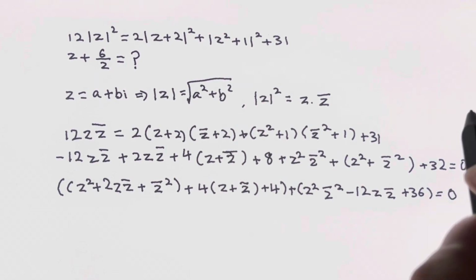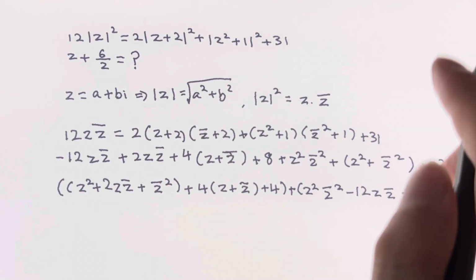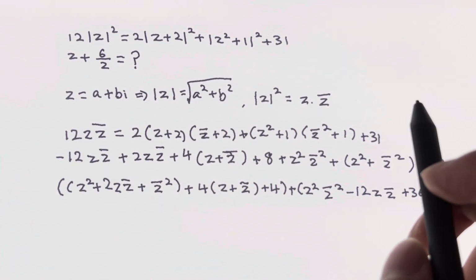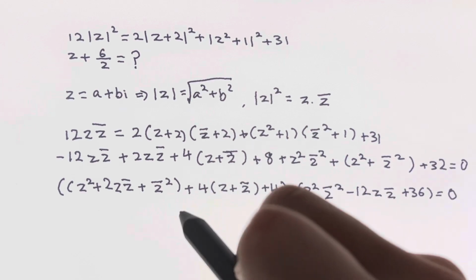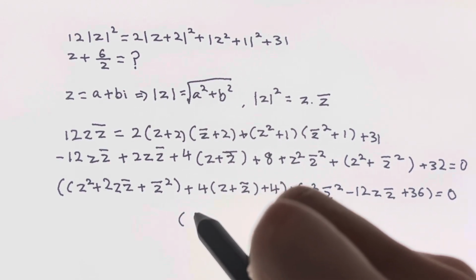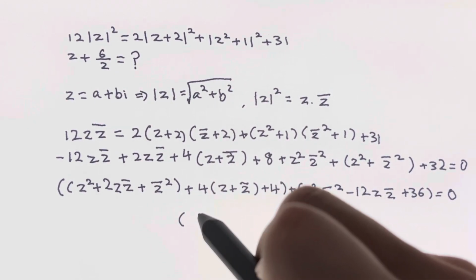So then, this can be rewritten in the form of the sum of two perfect squares.